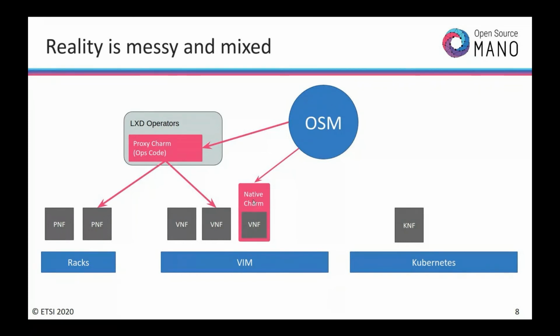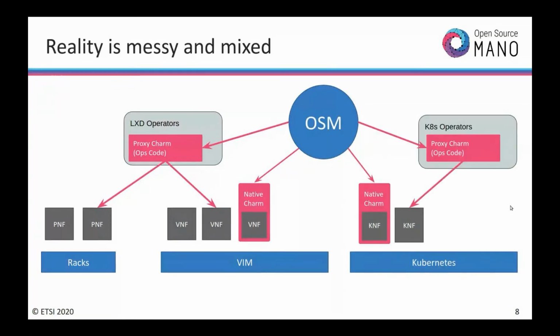And the same is true for Kubernetes. It's the same pattern over and over again. So at the end of the day, it does not matter if it's a physical function, an OpenStack VM, or a Kubernetes KNF. OSM can treat all of them the same and manage them all consistently.